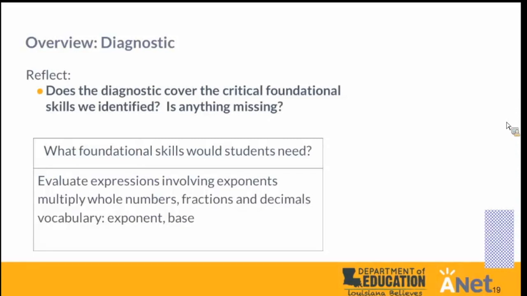It doesn't explicitly cover vocabulary, so I'm going to make a note of that. And the purpose of doing this reflection is if there was something that you felt that the diagnostic did not cover and you really wanted to get some information on that skill for your students, you could add something here. Or you could make a note that that's something you want to make sure to continue to investigate as you begin the module with your students.